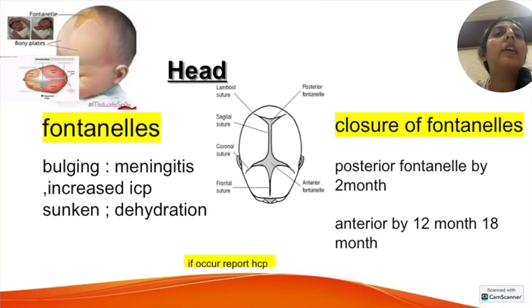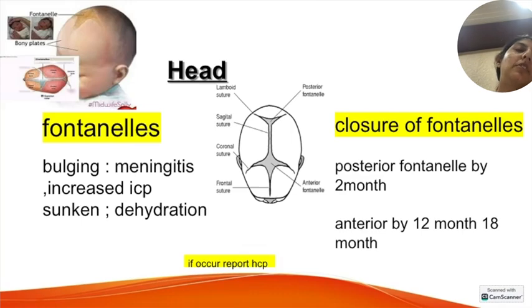For example, a 3-month-old child is being monitored for signs of increased ICP and the anterior fontanel is soft and flat. Which is the most appropriate action? The answer is document the finding, because increased ICP will usually show bulging fontanels at rest, but in this case the fontanel is soft and flat.